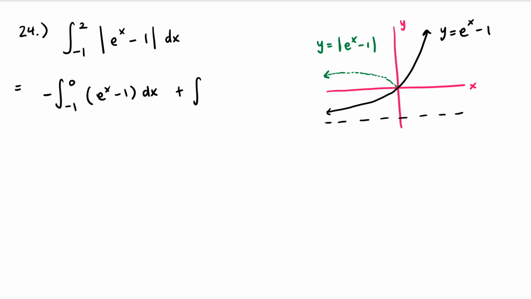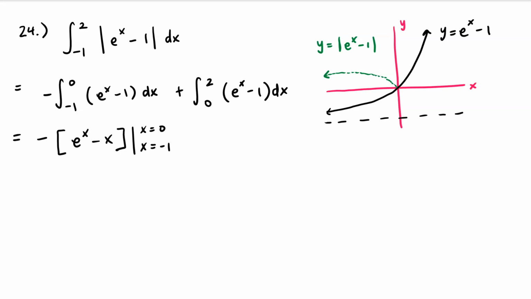Then we can add on the definite integral from 0 to 2 of e to the x minus 1 dx. So if we start to take the antiderivative, we're going to have negative e to the x minus x, and this is being evaluated from x equals -1 to x equals 0, plus e to the x minus x, evaluated from x equals 0 to x equals 2.